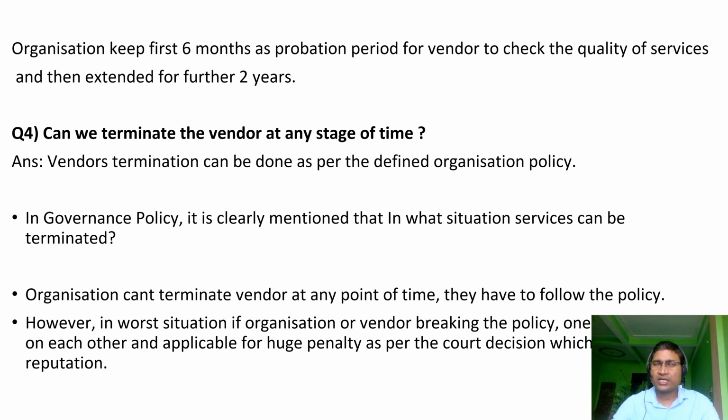In such cases, the tenure of the tie-up would be around 1 year or less, and further extendable. Generally, organizations keep the first 6 months as a probation period for vendors to check the quality and reputation of the services, and then extend for 2 years, and so on.